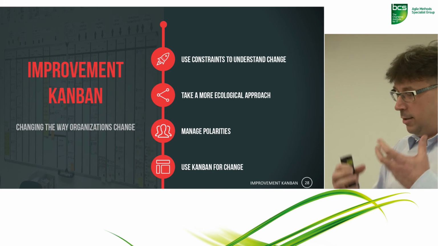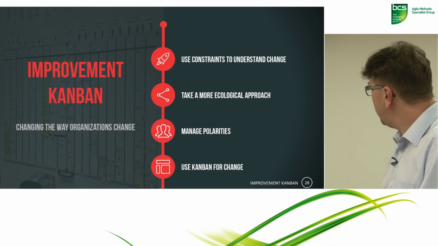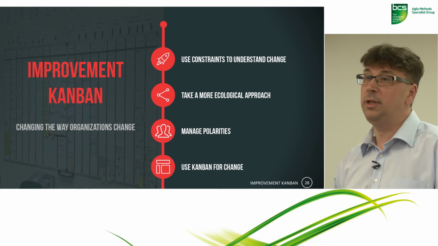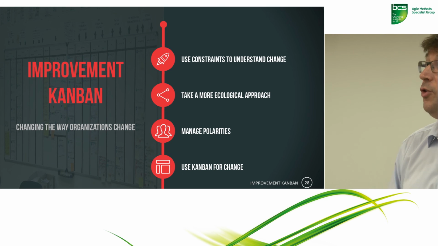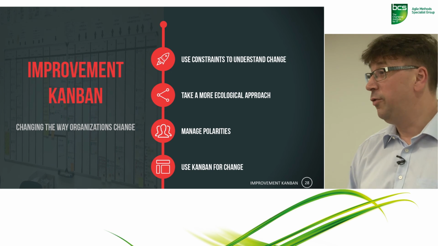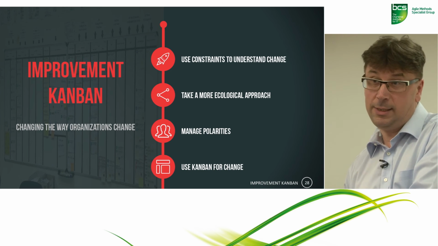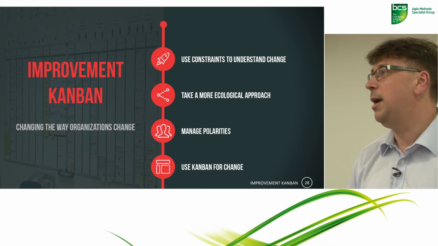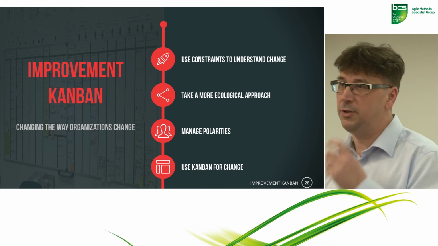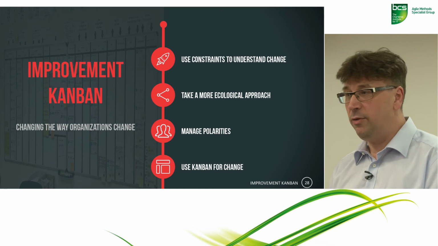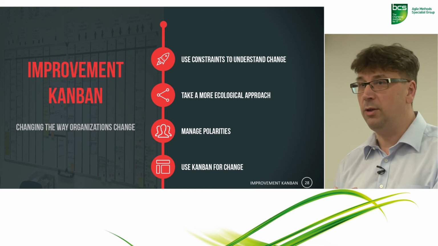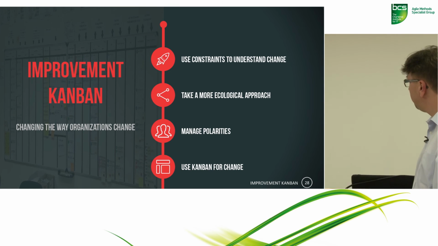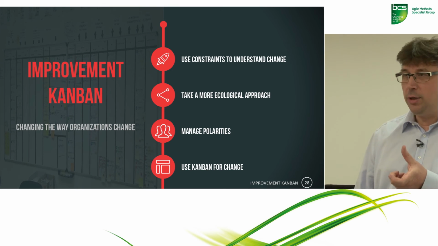So, changing the way we change, using constraints to understand different types of change. There's lots of confusion, I think, and that confusion does not help to put it into practice. So a clear understanding and clearly being able to differentiate different types of change and recognizing the value of each through the constraints and through their impact on the fitness landscape can help practitioners take a more ecological approach.